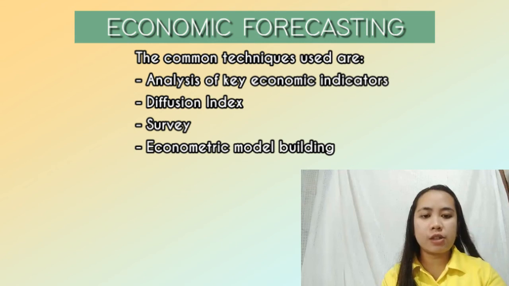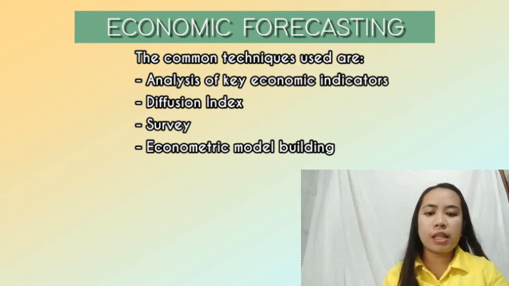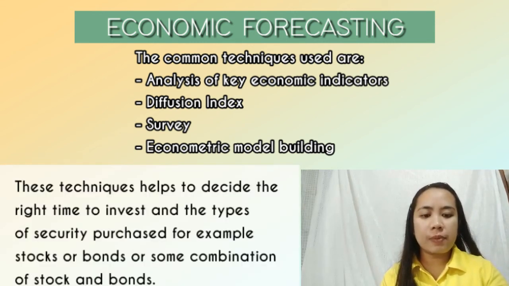The common techniques used are analysis of key economic indicators, diffusion index, surveys, and econometric model building. These techniques help him to decide the right time to invest and the type of security he has to purchase. For example, stocks or bonds or some combination of stocks and bonds.